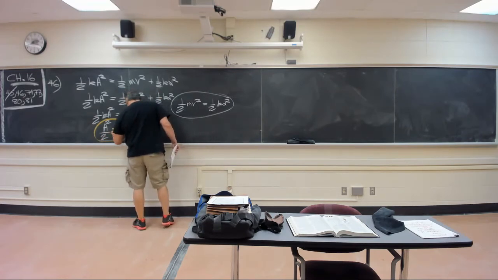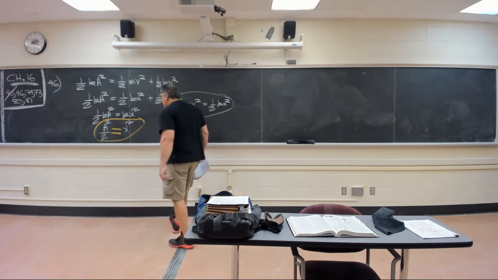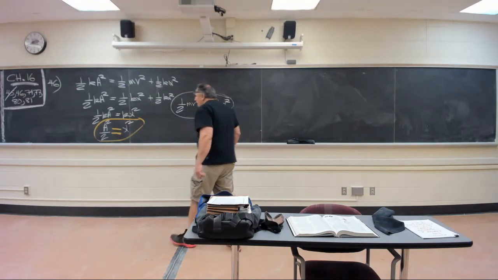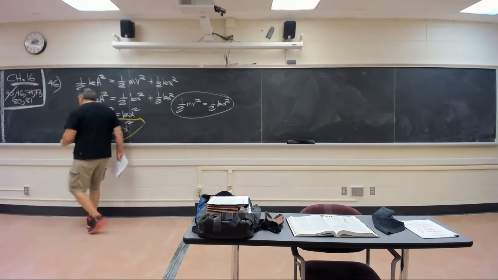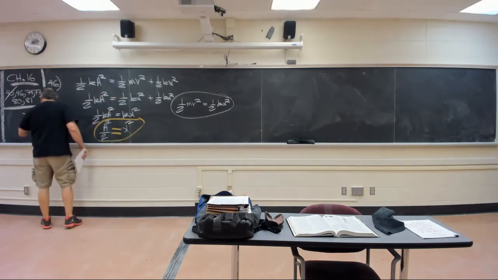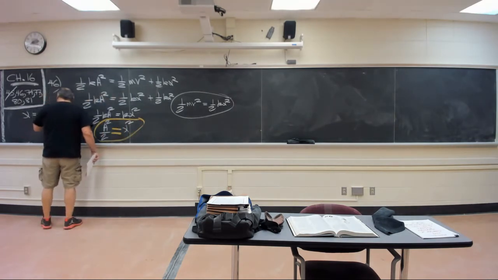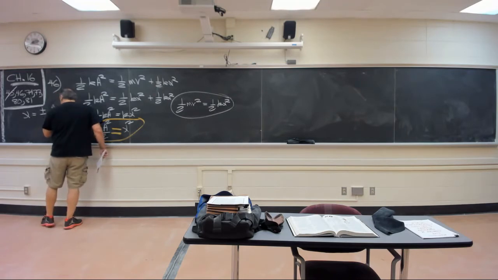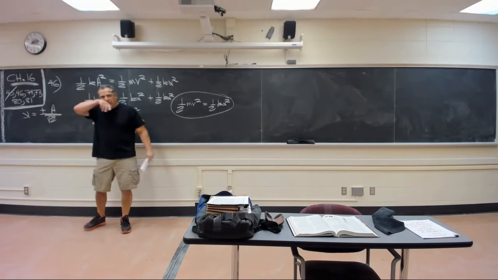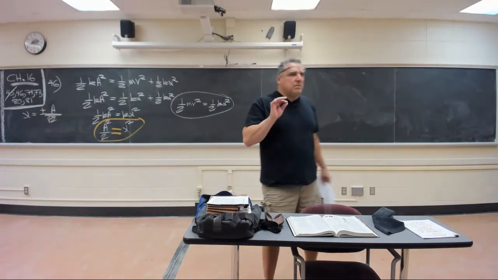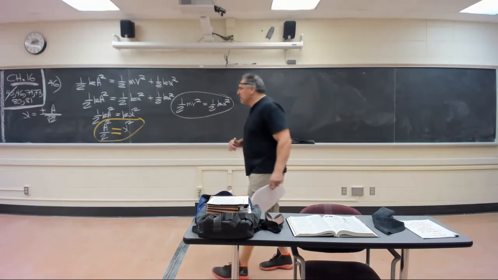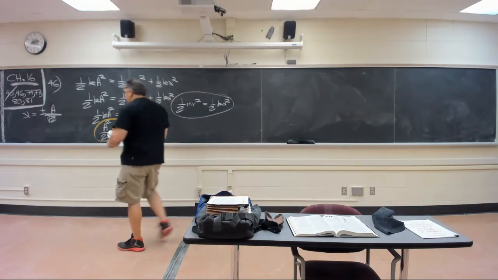You get down to here, you're in business. If you square root both sides, you get x equals plus or minus a divided by the square root of 2. We already said that a was 0.332 meters. Divided by the square root of 2 is going to get you there.